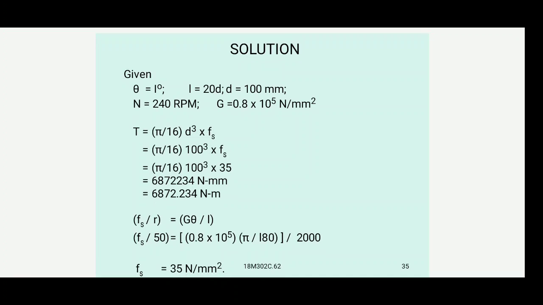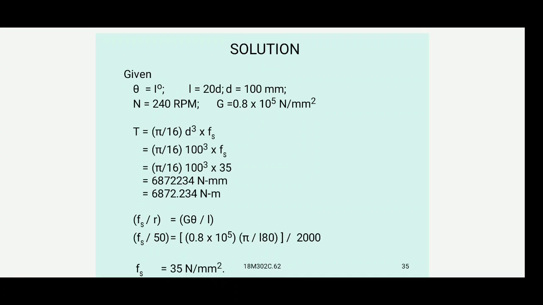Torque T is equal to 5 by 16 into d to the power of 3 into Fs. 5 by 16 into 100 to the power of 3 into Fs. 5 by 16 into 100 cube into 35. So that is equal to 6872.234 Newton meter.